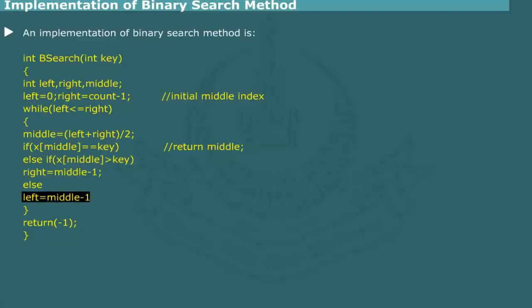If the middle element is smaller, left is set to middle plus 1. This process is continued until the key matches the middle element and the value held by middle is returned. Otherwise, -1 is returned, which signals that the search has failed. Please click the button to run the interactive program for binary search.